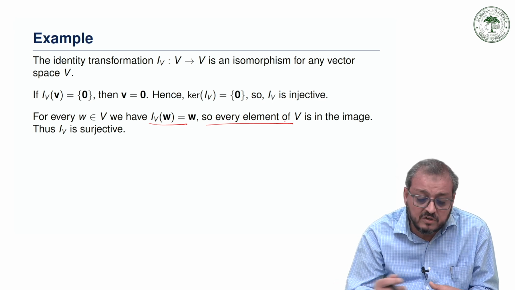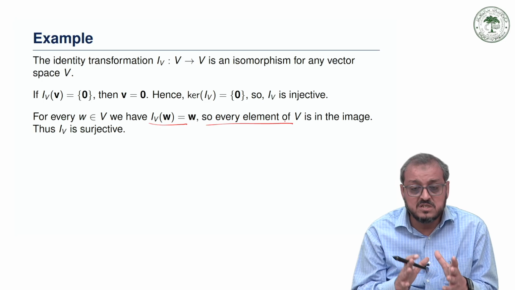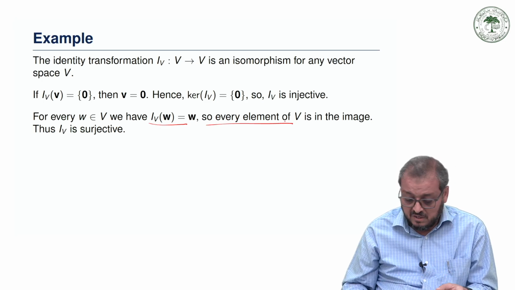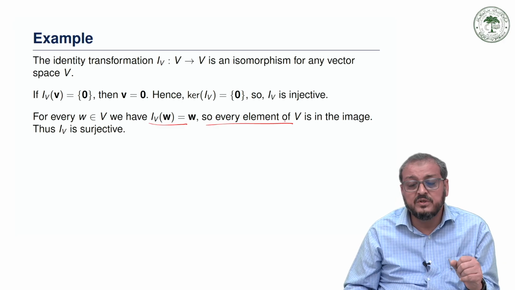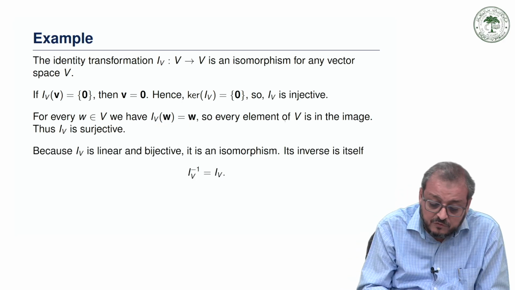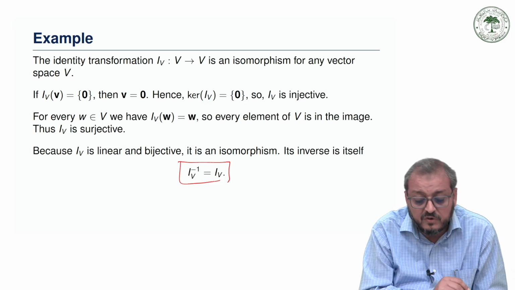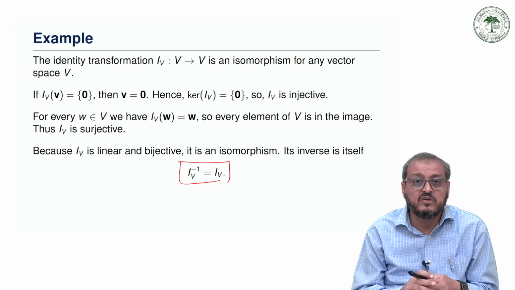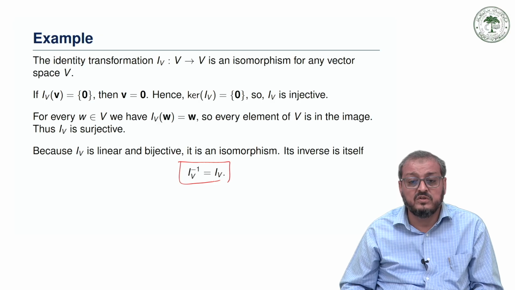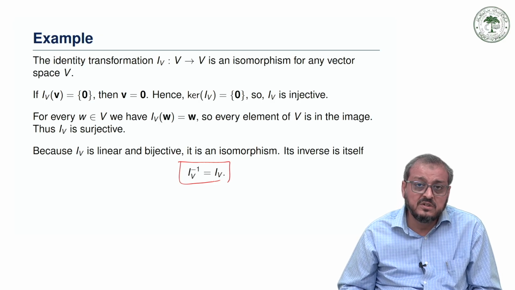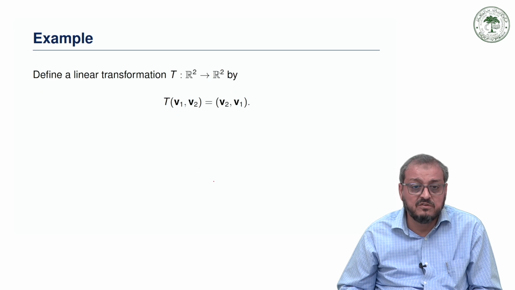This means the identity transformation is always a non-singular transformation, also called an isomorphism, and its inverse is itself.